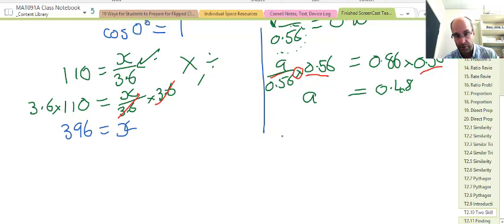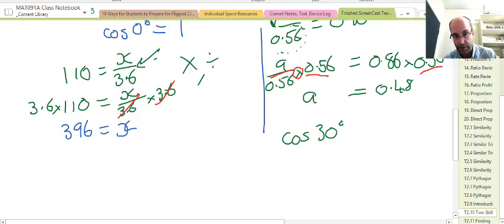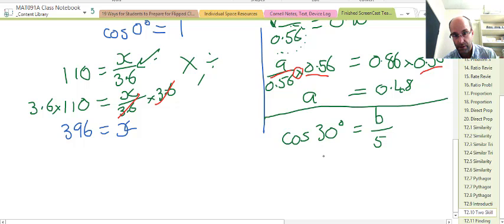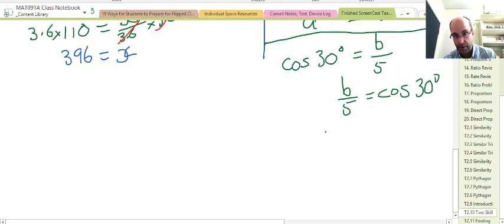What if we have one final one here? This is something that you'll see as we go. What if we have cos 30 degrees equals b divided by 5? We have to find b. So let's swap the sides, and then we've got to divide by 5 here.